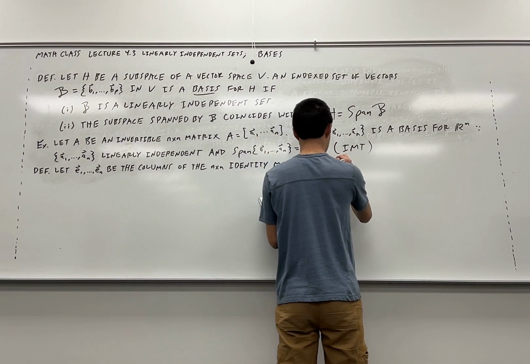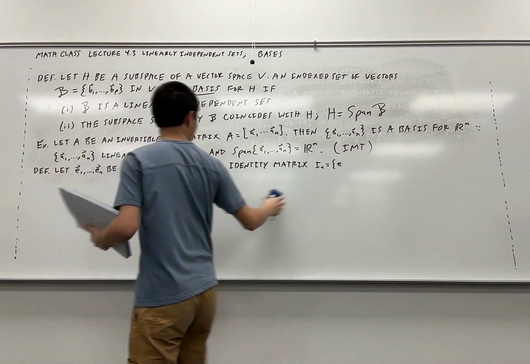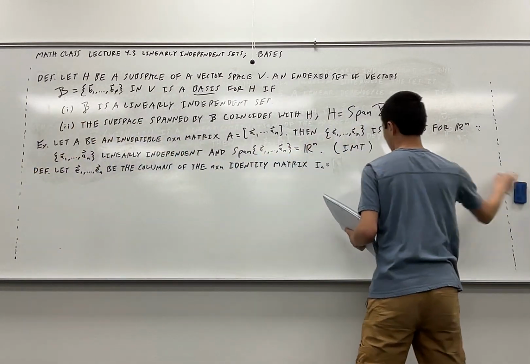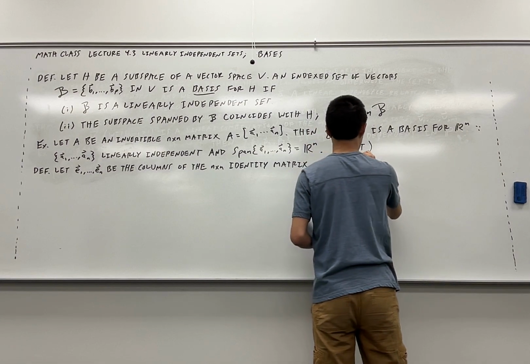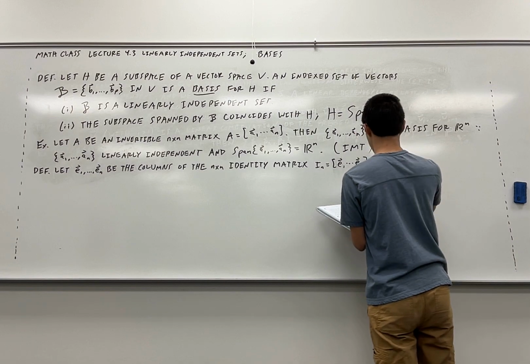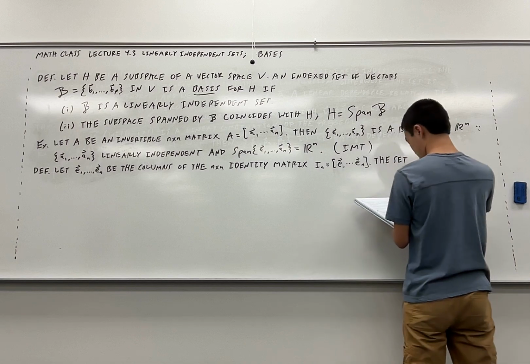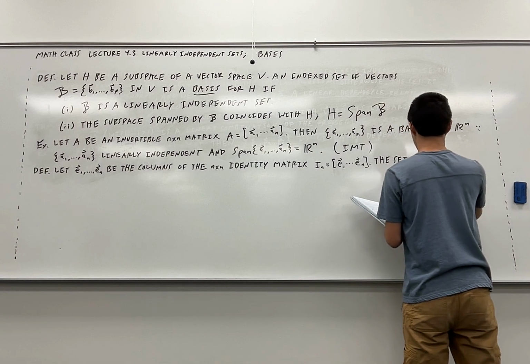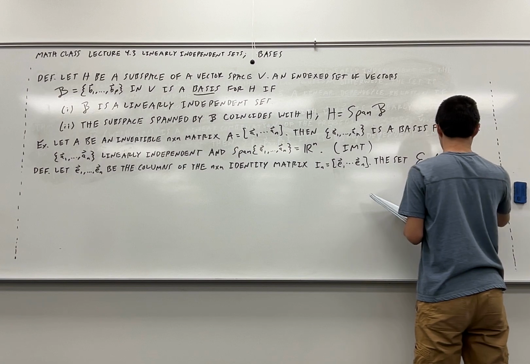I sub n is equal to, and then if we write it out with its column vectors, I sub n equal to E1 through En, right? Then the set, big script E, is equal to my E1 through En.